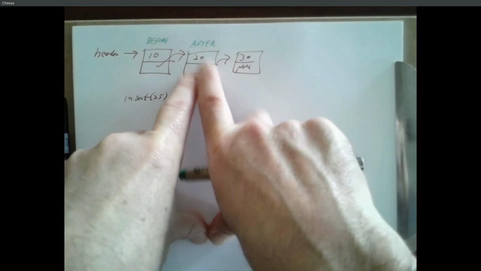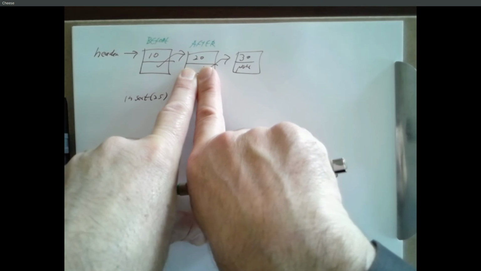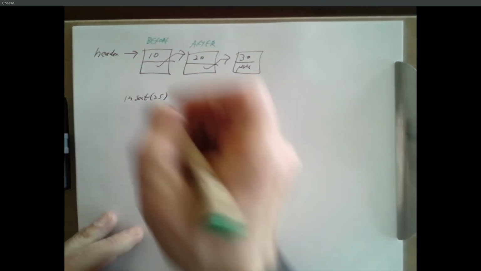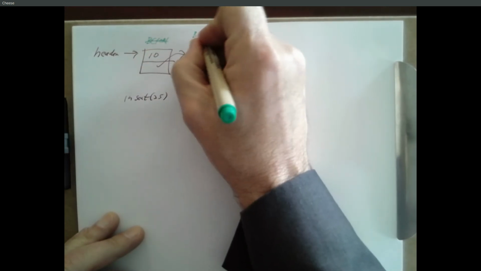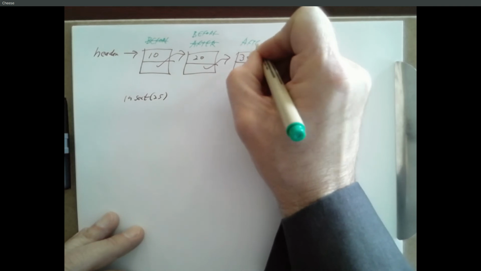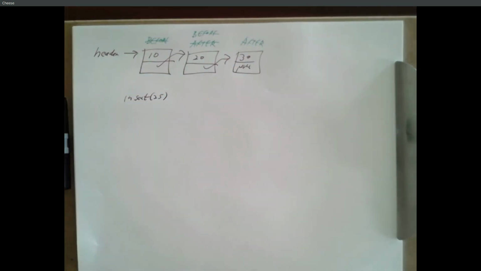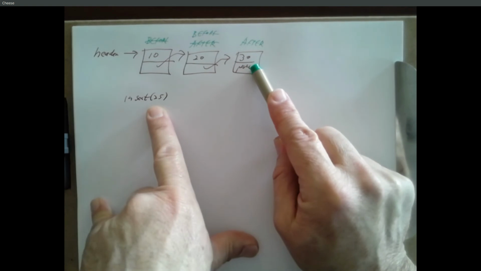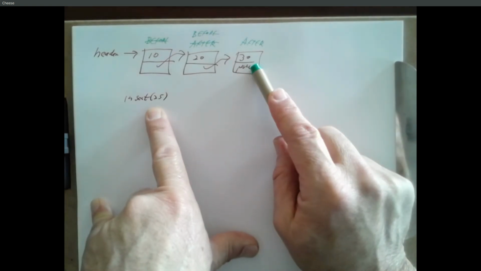It's actually got to come after this node somewhere, right? So this 20 should come before our node. So we're going to adjust these. We're going to move them forward one spot, set before to this, and set after to this. So we know 20 is before 25. When we look at 30, hey, that's after 25. We found the right spot to insert.